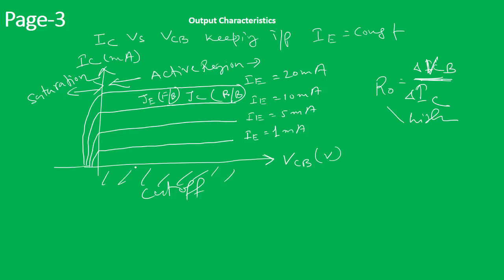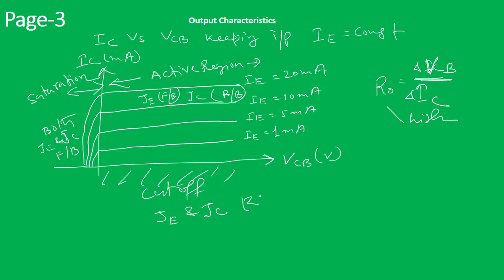Now in the saturation region, both the junctions JE and JC are forward biased, and in the cutoff region both are in reverse bias.